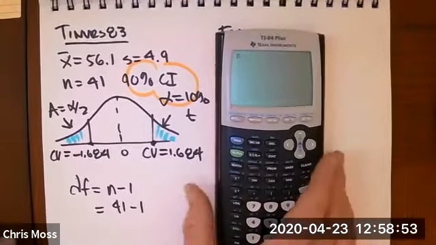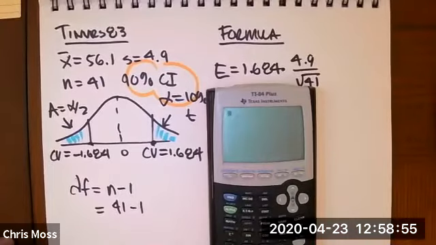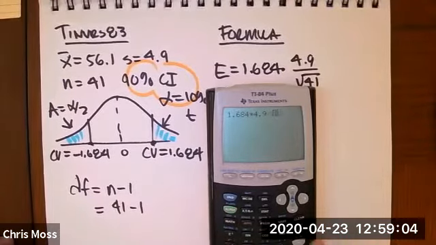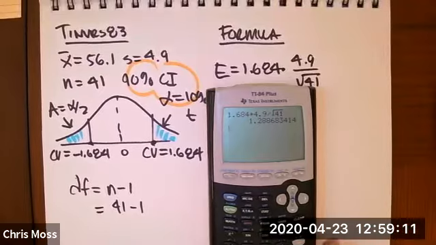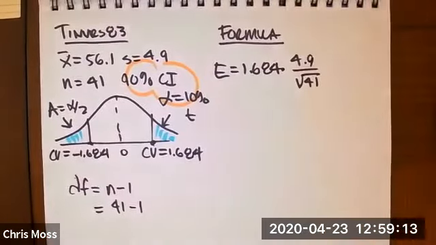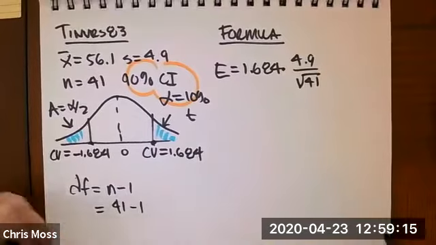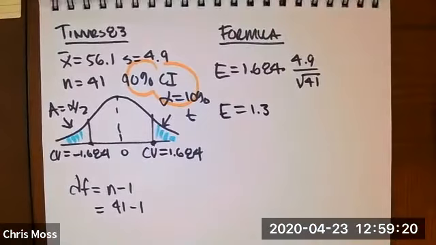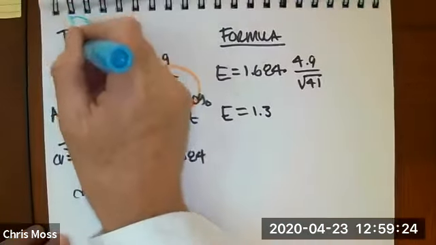So 1.684 times upstairs 4.9 divided by the square root of 41, just hit enter, and you're good to go. So 1.288 and change, 1.3, same rounding as X bar and S. So my margin of error is 1.3.